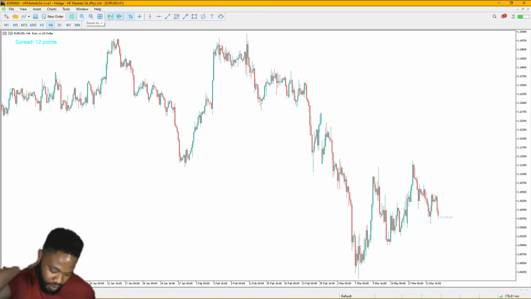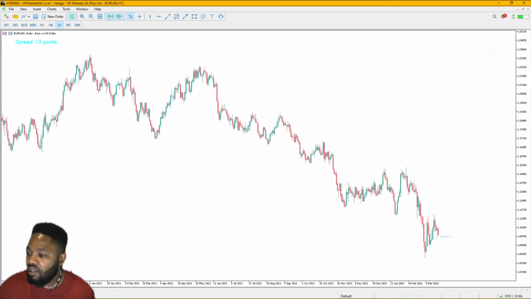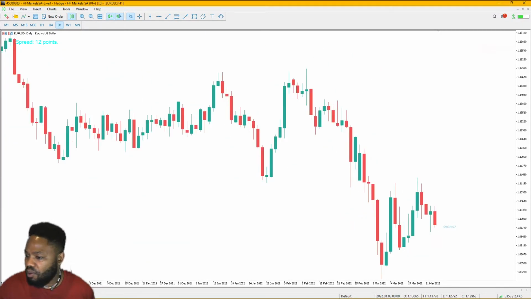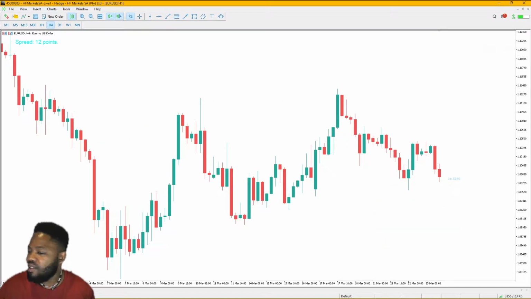So step number one that we need to do before we take a trade is identify the trend. We do that by going to a higher time frame, normally a daily timeline. You can check that this is a downtrend, so from that one we've established the downtrend, but let's do a 4 hours. 4 hours is more clear.